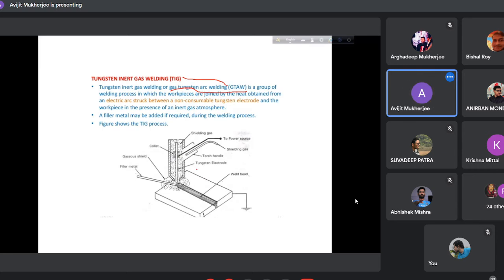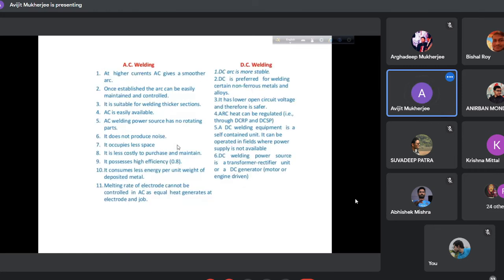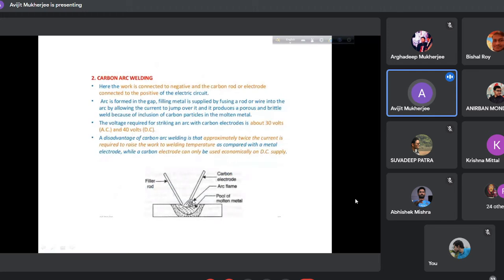And here, this is the setup. This is the piece, and the weld bead is deposited here. The job is connected with a terminal here, and this is the electrode. What is the electrode here? This is the tungsten electrode, a non-consumable electrode. In a carbon electrode, carbon will be infused gradually, so after some time it will be used up.